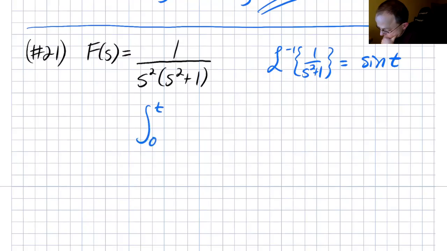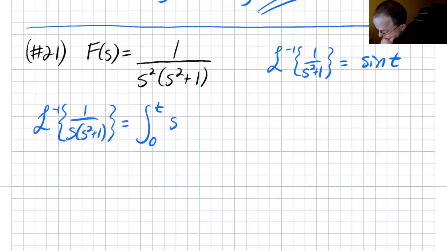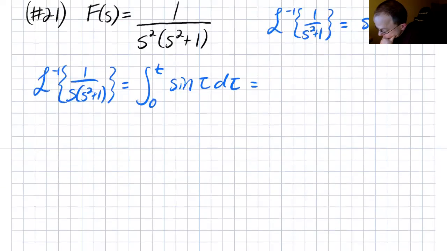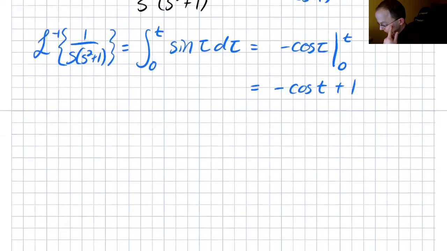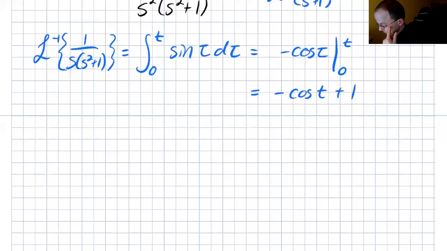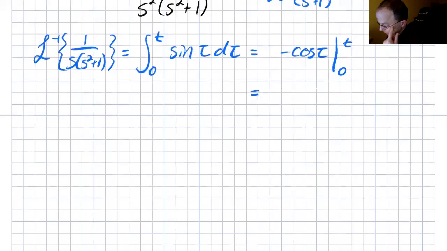Okay, let me write this here. Okay, so it's 1 minus cosine t. Okay, let me write it that way. 1 minus cosine t.